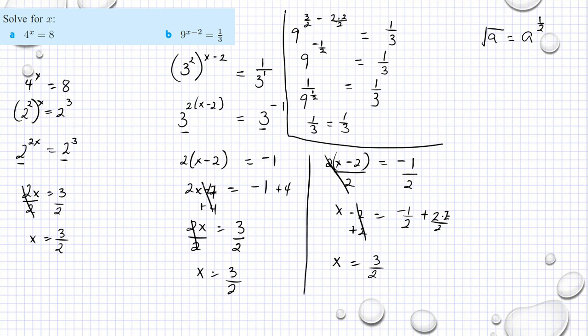And here, if I take another color. So if we have 4 raised to 3/2 is equal to 8. So if I have 4 raised to 1/2, raised to 3, is that equal to 8? Yeah, I can put a question mark there.